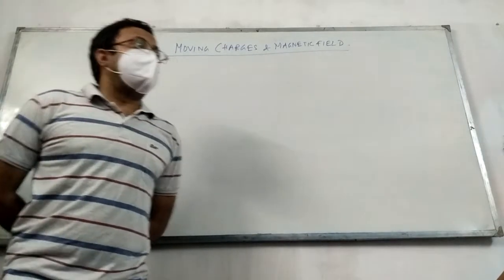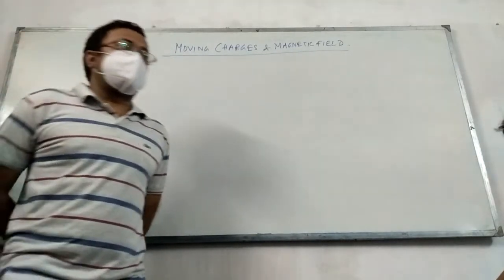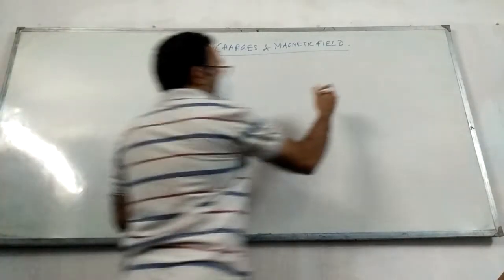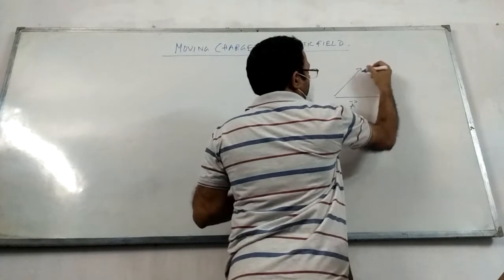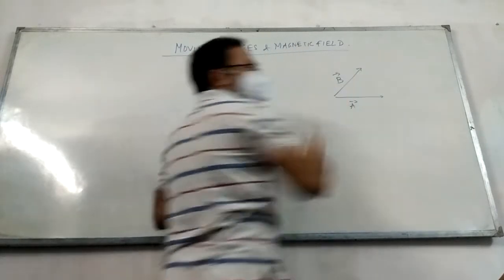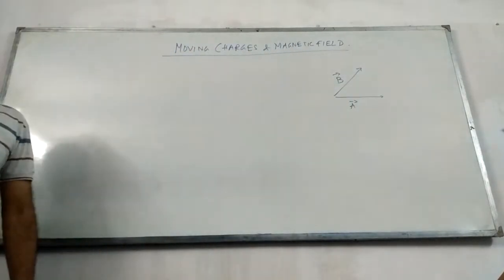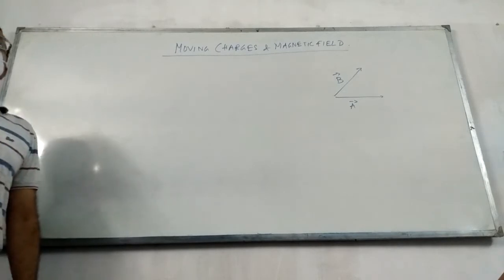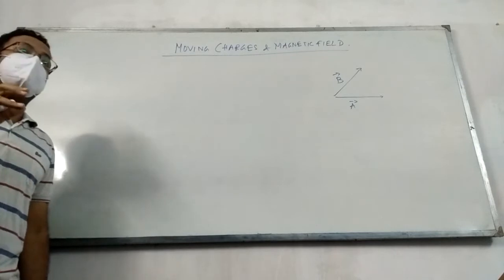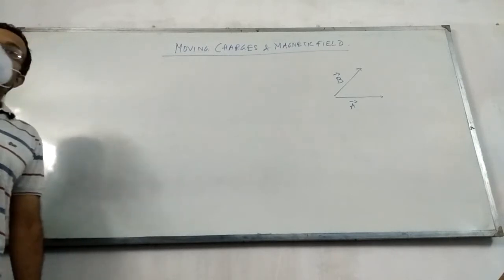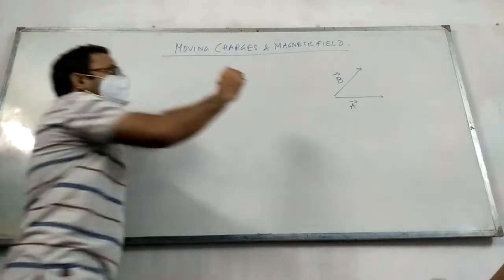So tell me, what is cross product? It says that if you have two vectors, say vector A and vector B, then if you want to find out a product of these two vectors, which is also a vector quantity, then you go for cross product.